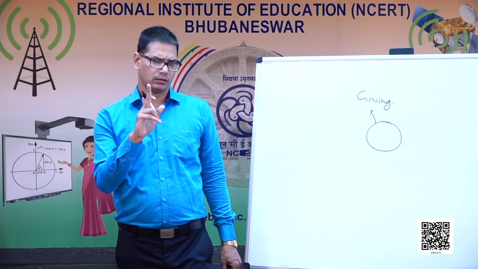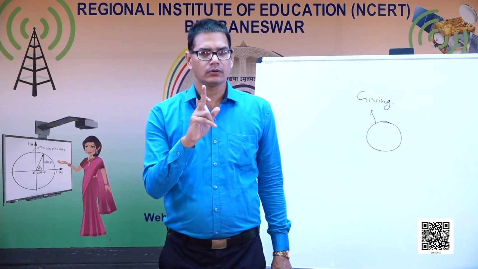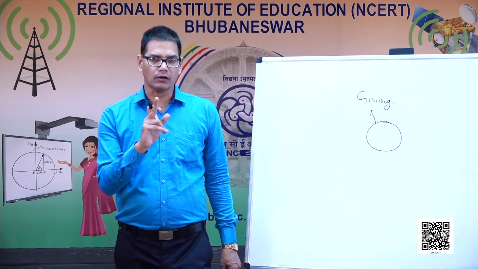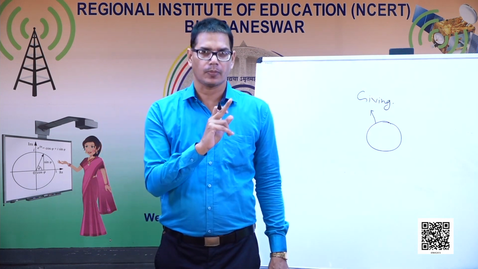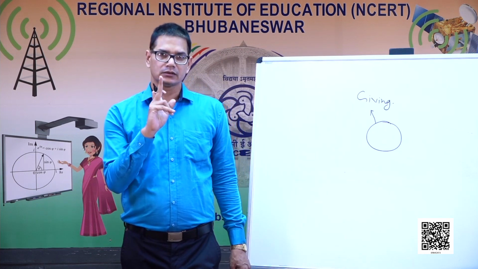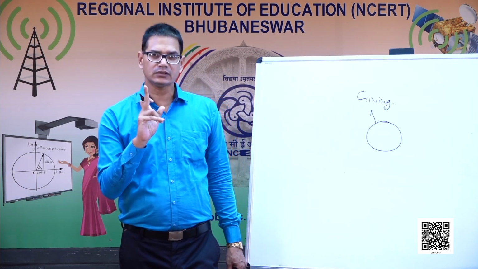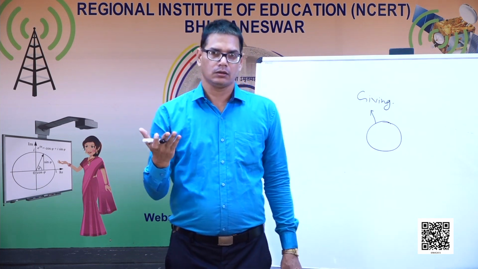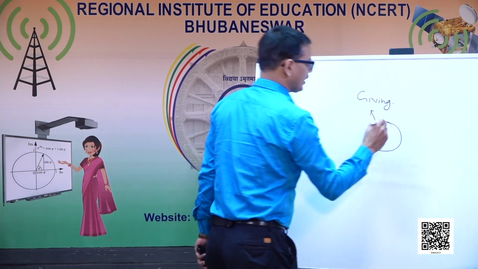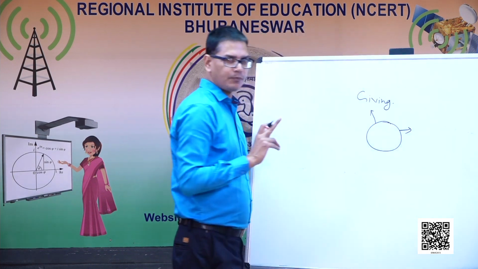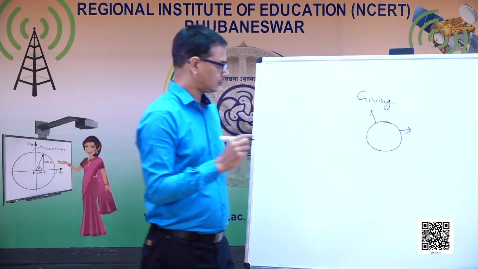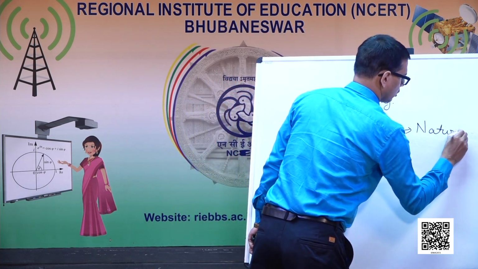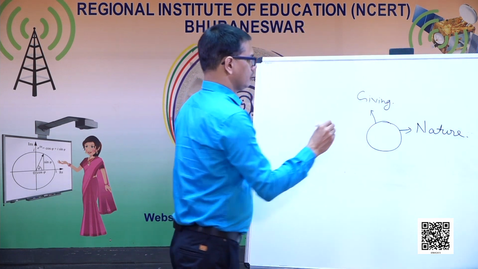We cannot leave some group, or we cannot underestimate some group. Sabka saath, sabka vikas. That means we have to grow with all. Next, we have to also keep the nature, giving job to all.